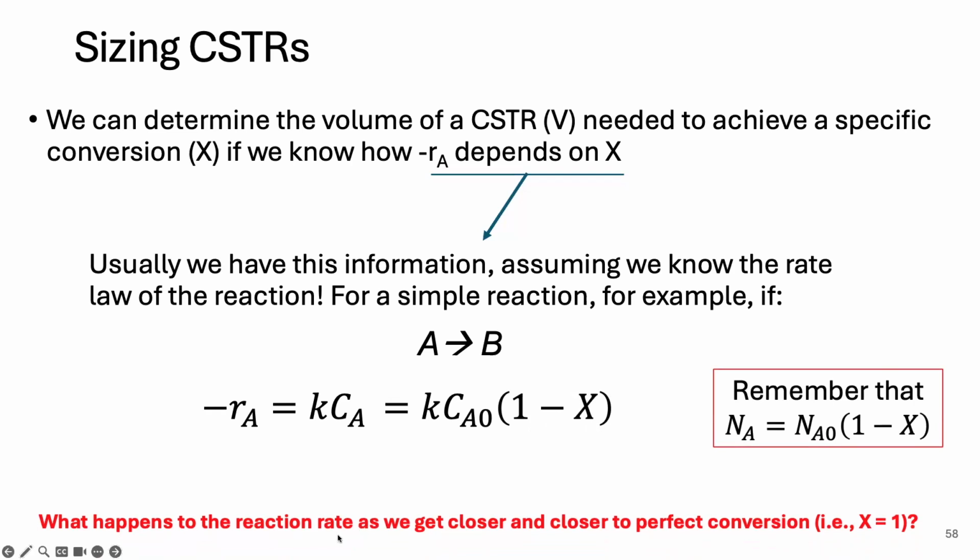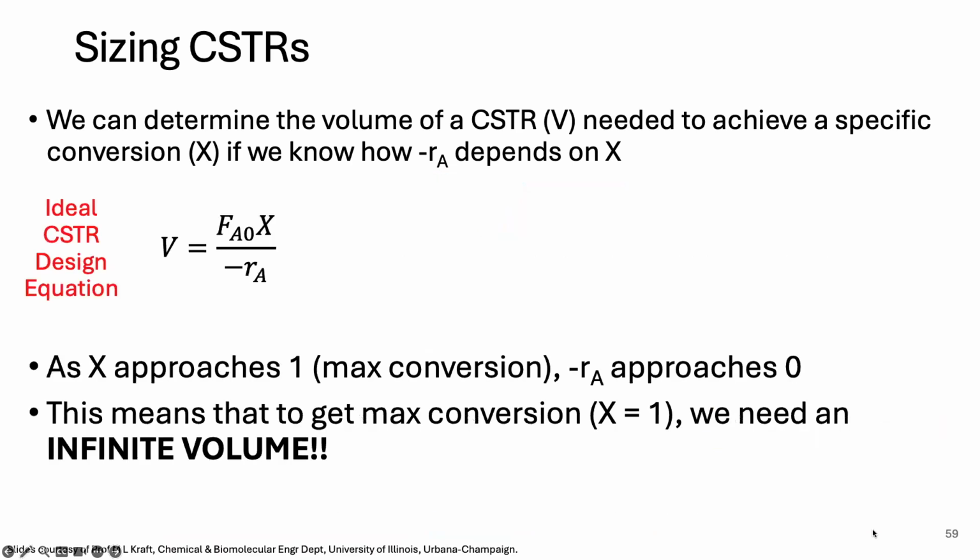And so here, the question is, what happens to the reaction rate as we get closer and closer to perfect conversion? As X goes to 1, concentration of our reactant will be going towards 0, so we expect that our reaction rate will be slowing down, approaching 0 as well. Well, what happens in that case if we have a CSTR as our reaction rate approaches 0? That means our volume will be approaching infinity as we divide by 0.